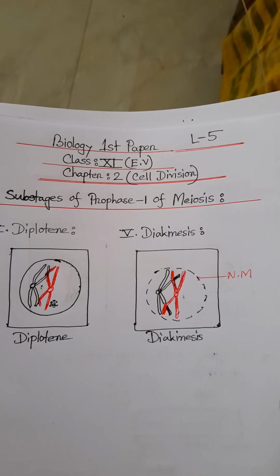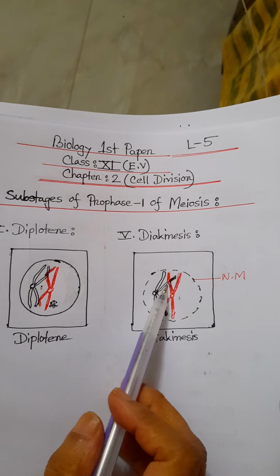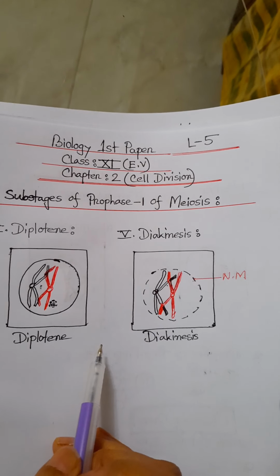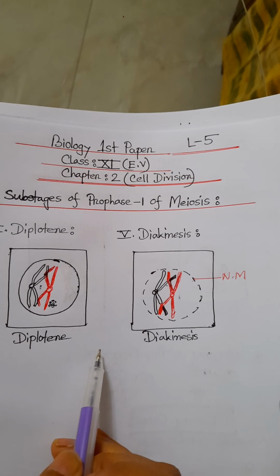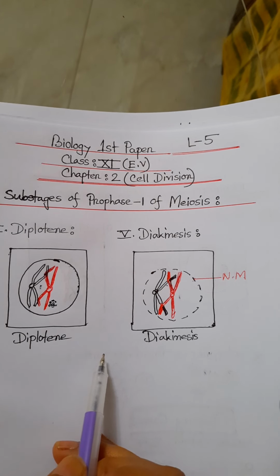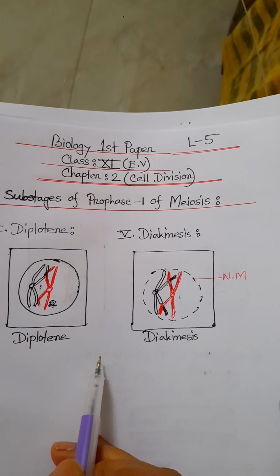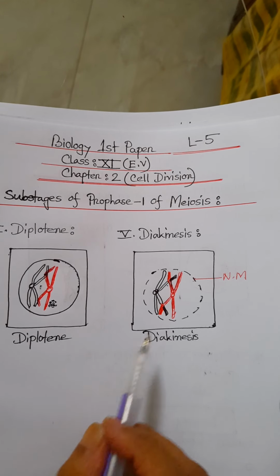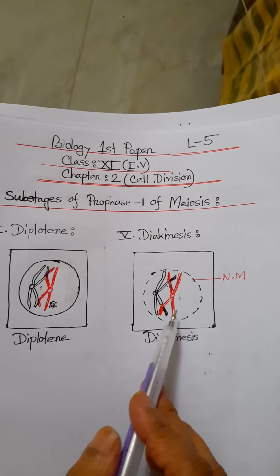Terminalization of chiasma towards the pole is still going on. Chromatids are not visible as each chromosome of the bivalent is covered together due to deposition. The bivalents move towards the periphery from the center of the nucleus. Nucleolus disappeared. Here you can see no nucleolus.